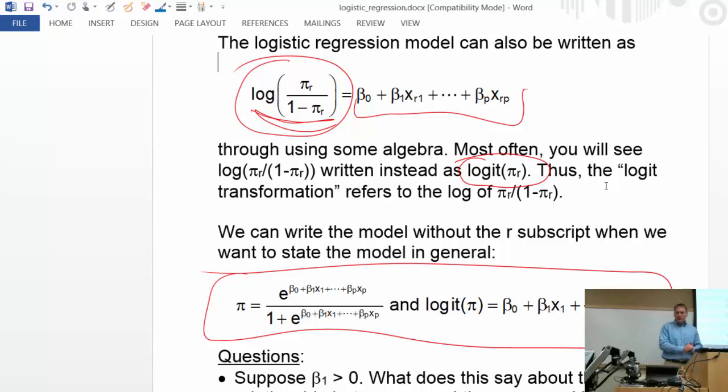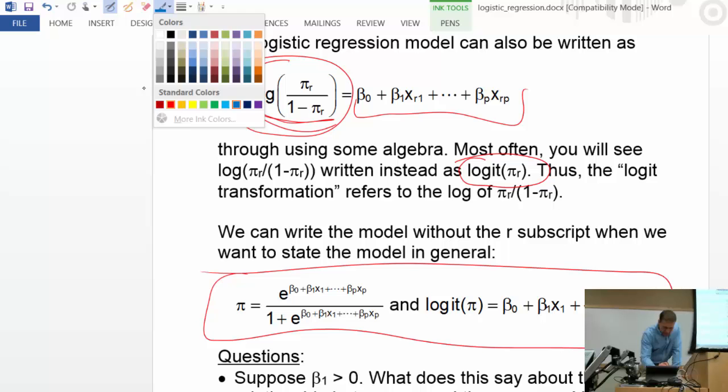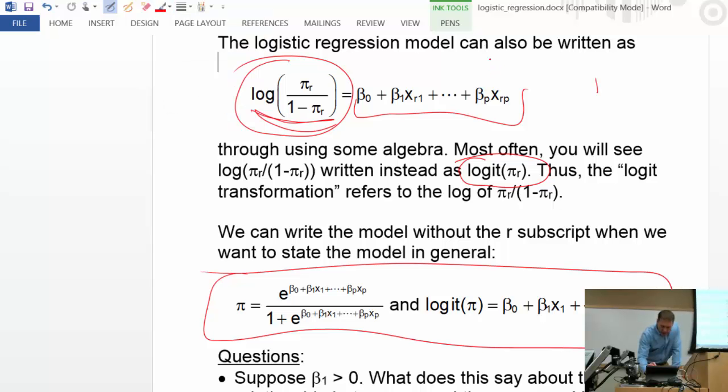Okay, so just to review a little bit here, this is what our model looks like. Or let me first state that our response variable, think of it in the regression-like setting, is either equal to a 0 or a 1. So you can think of a 0 as being one population and a 1 being another population.